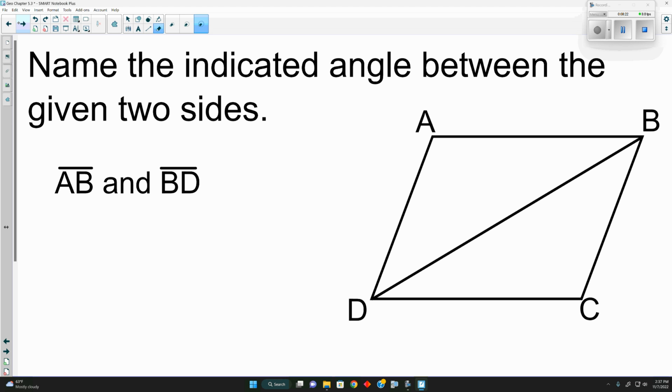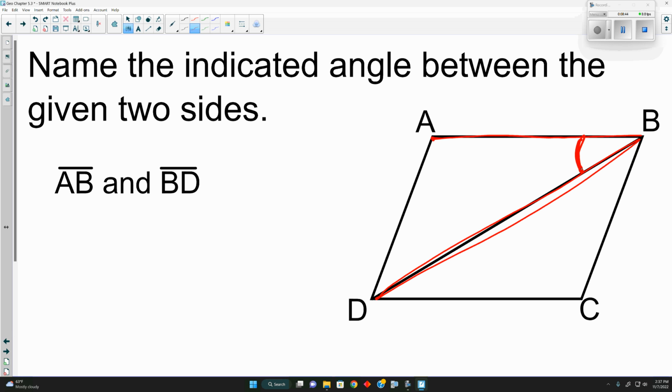So the first thing we want to write is name the indicated inscribed angle. An inscribed angle is going to be between the two sides. For us here, our two sides are AB and BD. So the angle between them would be this angle here.